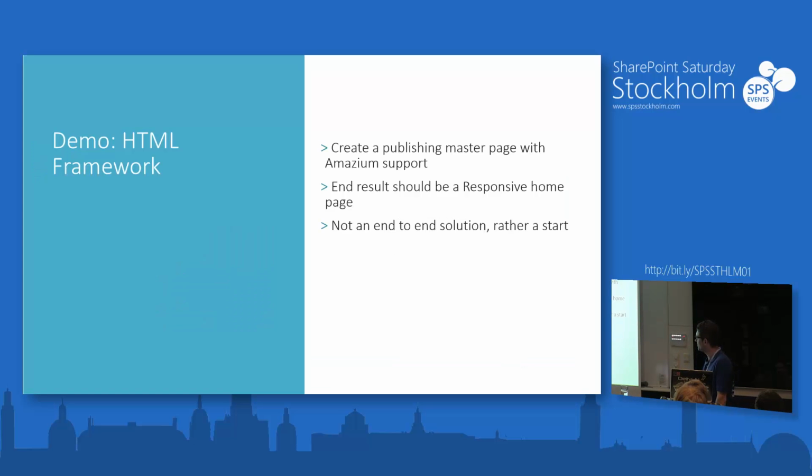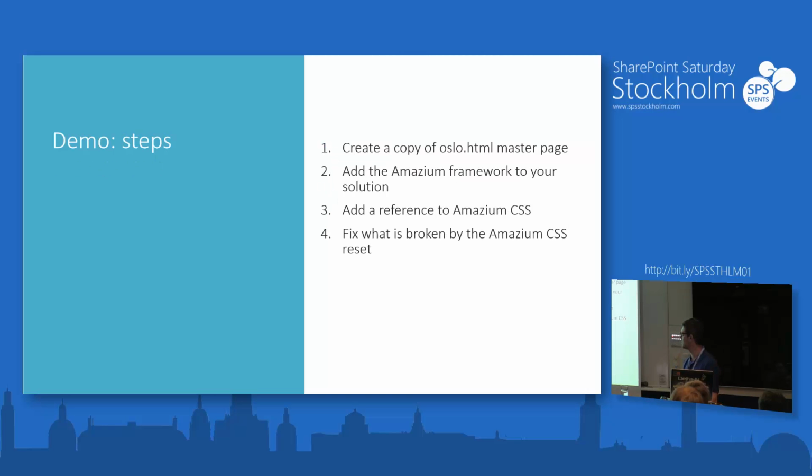So for this demo, what did I need to do? What is our goal? I think we want to create a publishing master page with Amazium support. I chose Amazium, but that's our goal. It will not be an end-to-end solution, but we will get a responsive homepage, just to get you started on the subject.